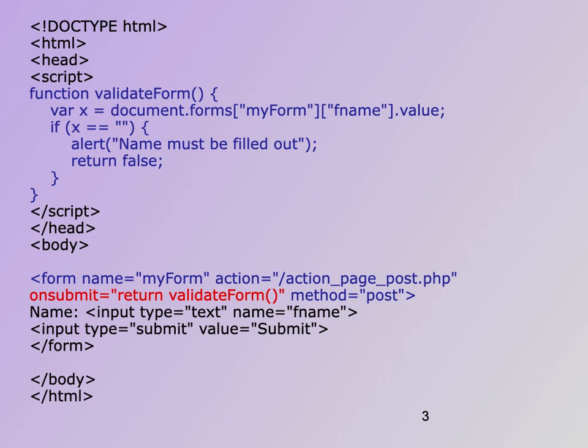This is the event handling: onsubmit is the event handler, and on submitting that particular form, the validate form function will be called by the event handler. Based on the value returned, true or false, the submission will be performed. If that function returns a false value, nothing will be submitted, otherwise submission will be performed. Followed by another property, method, that is equal to post.